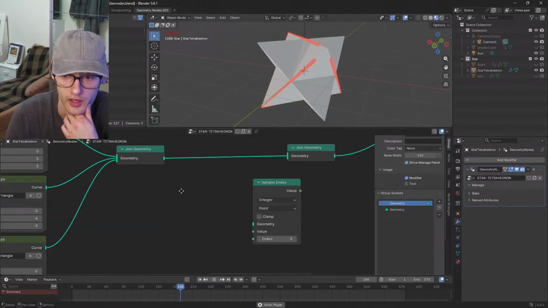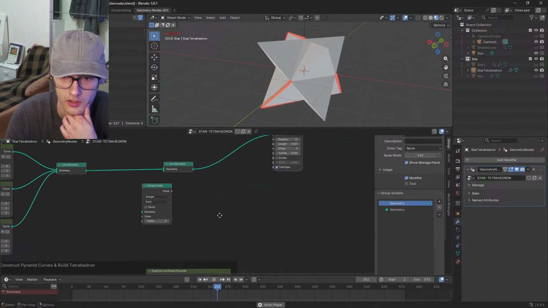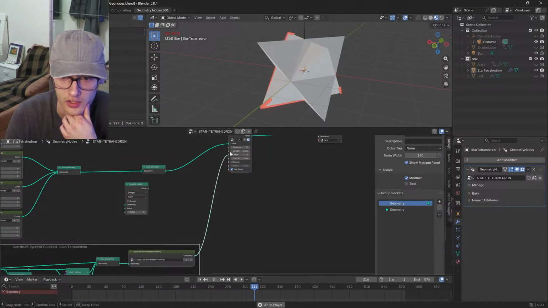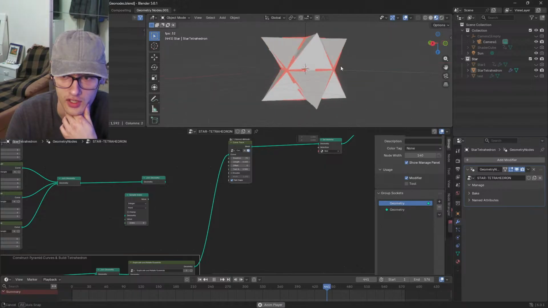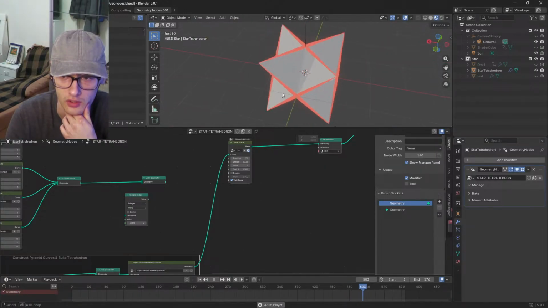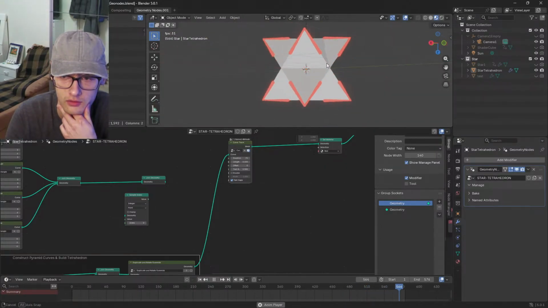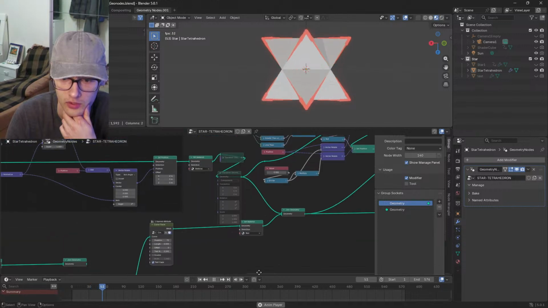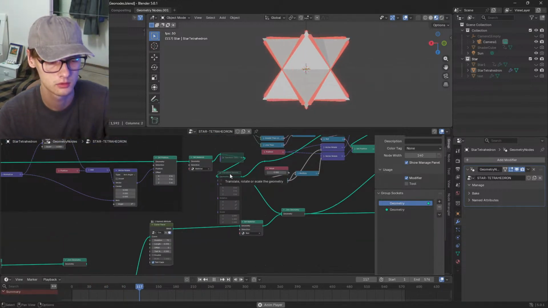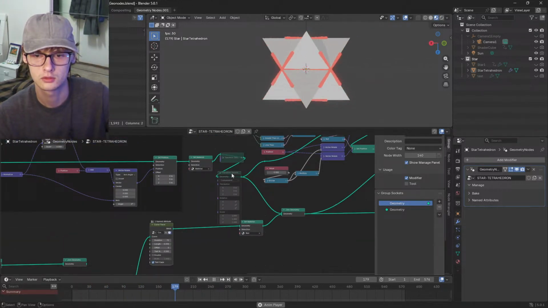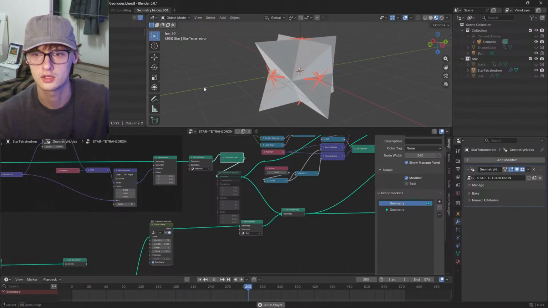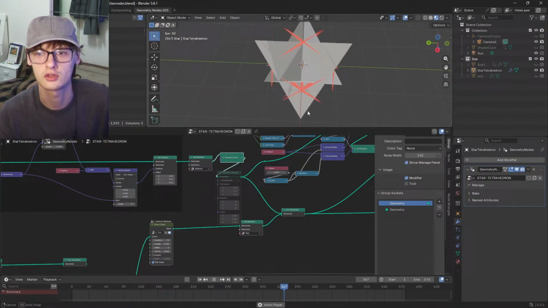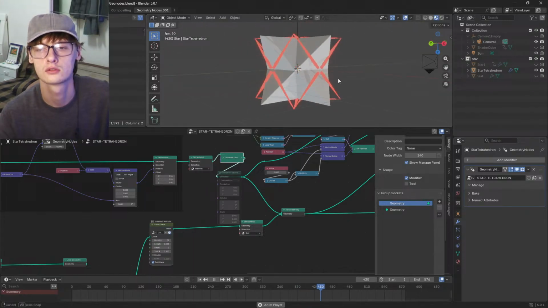Because I've already got this sort of pattern which is being traced, and I'm afraid I'm just going to end up making the same thing basically, which is already pretty cool, I think. And that's also a nice effect, I think.